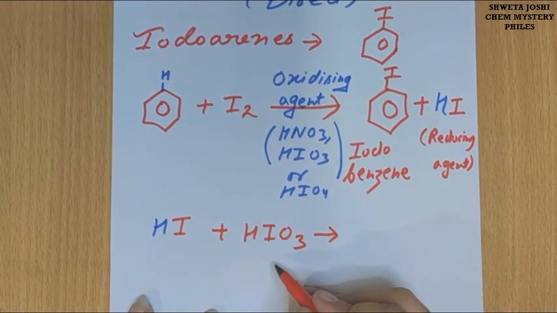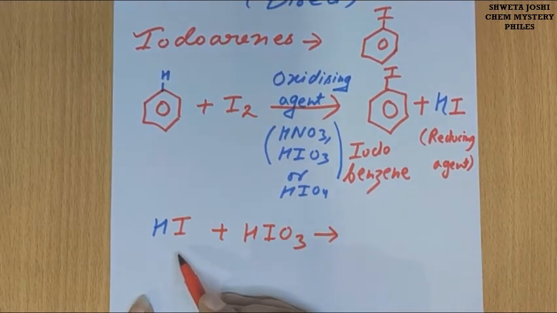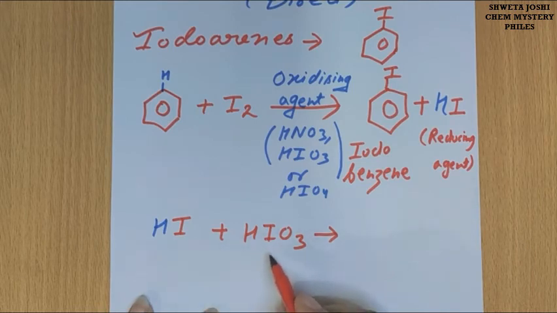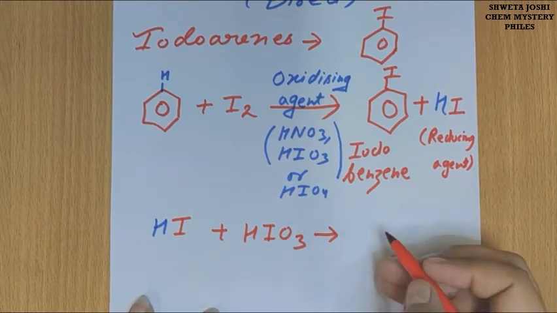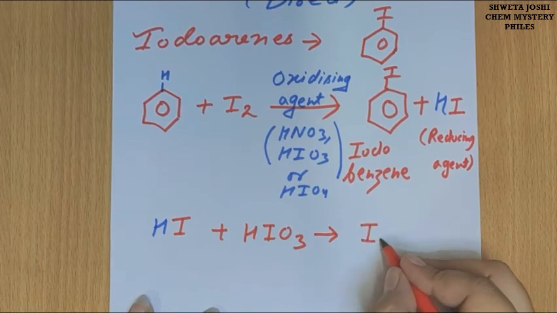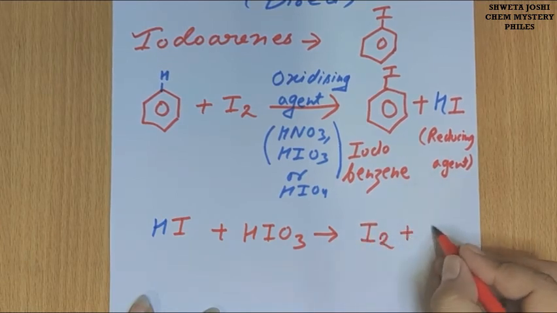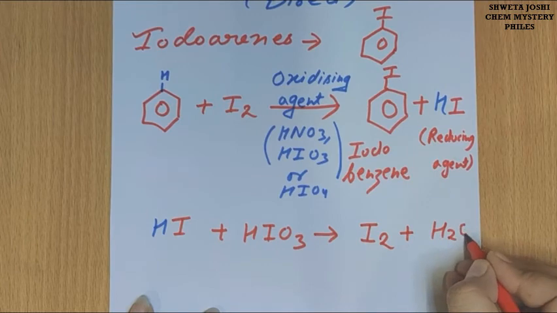Suppose you are taking HIO3. So this reducing agent HI will react with HIO3 and there will be formation of iodine and water.